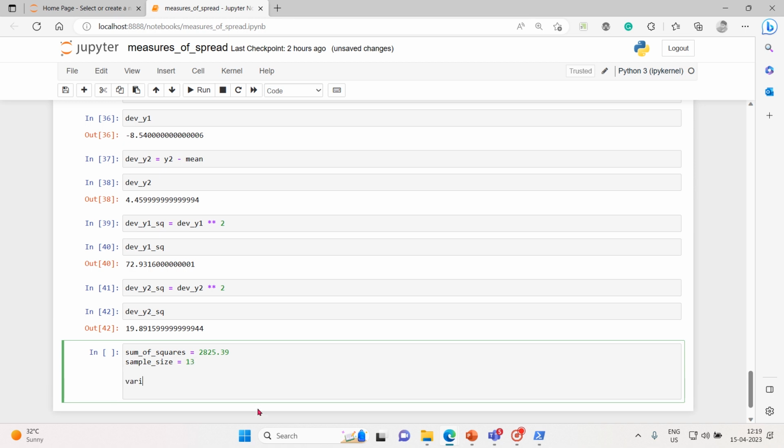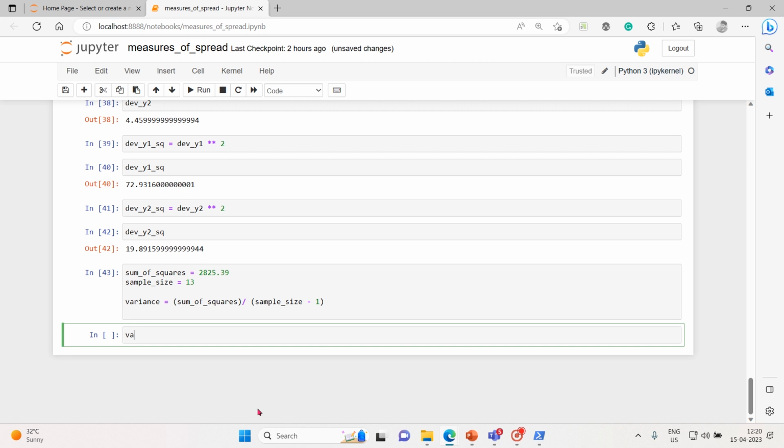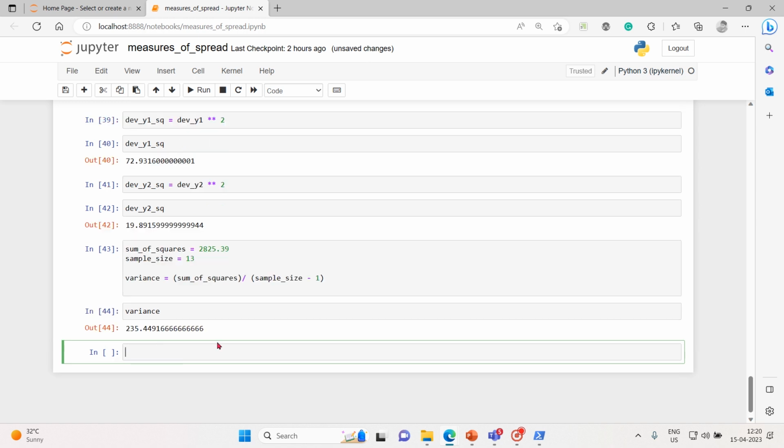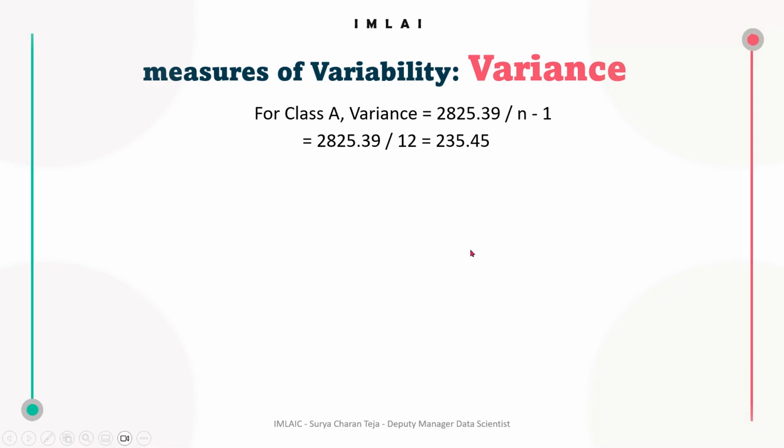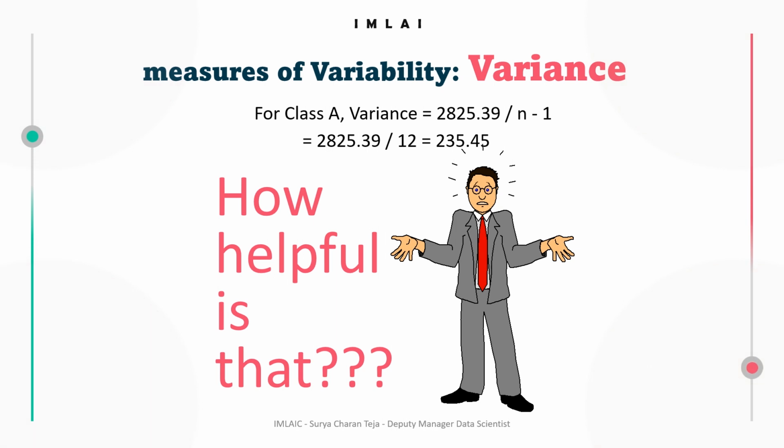So variance is equal to sum of squares divided by sample size minus 1. That's our variance: 235.44. Fantastic. We'll round it off to 235.45.